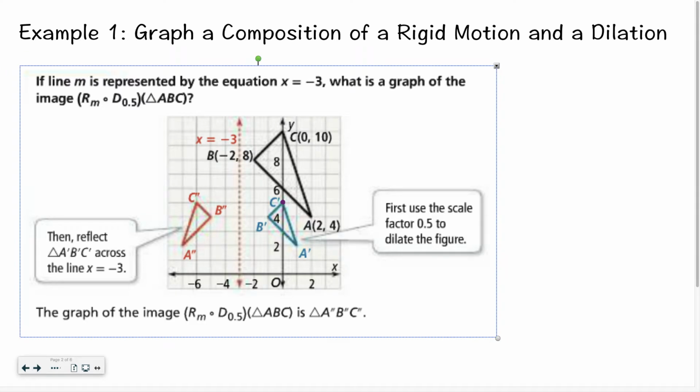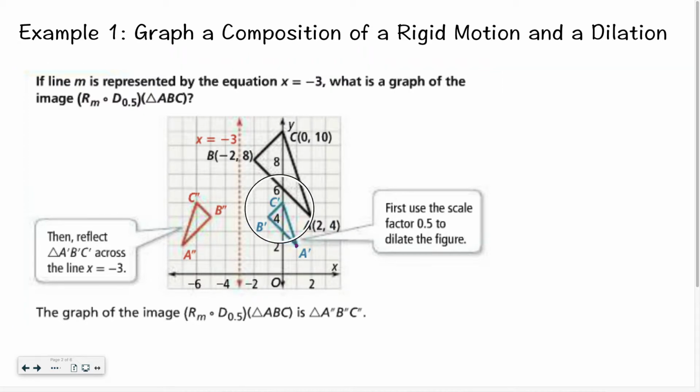A, if I said half of 2, that would be 1, and half of 4 would be 2. So that's how they got A prime there. And then B prime, half of -2 is -1, and half of 8 is +4. So that's how they got the blue triangle, A prime, B prime, and C prime. And they connected the dots.